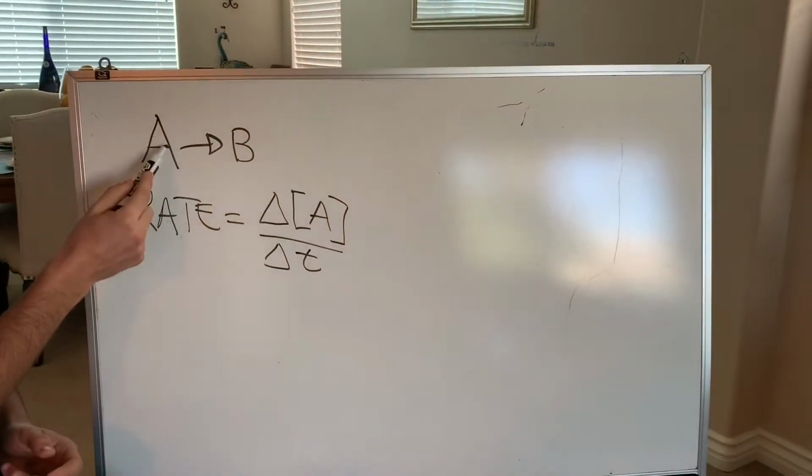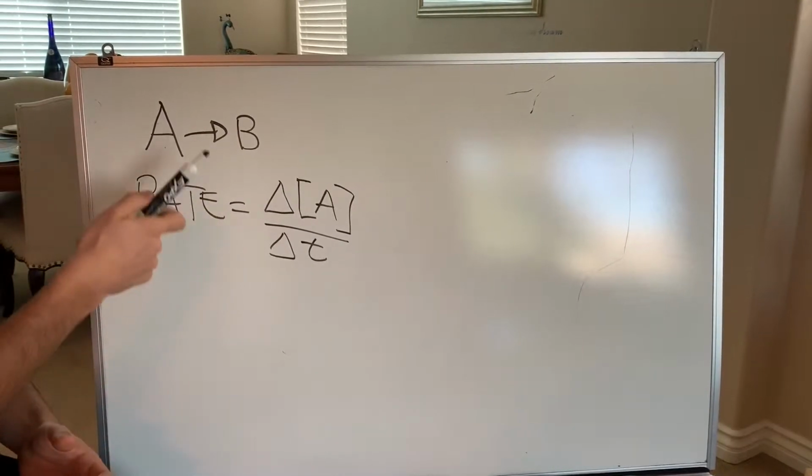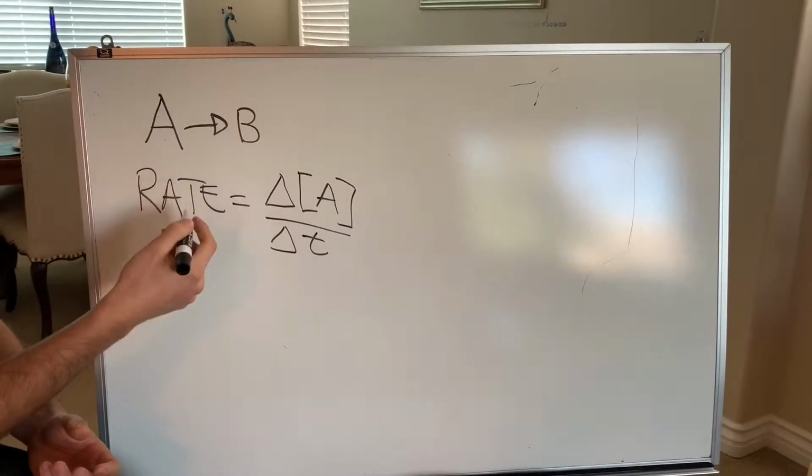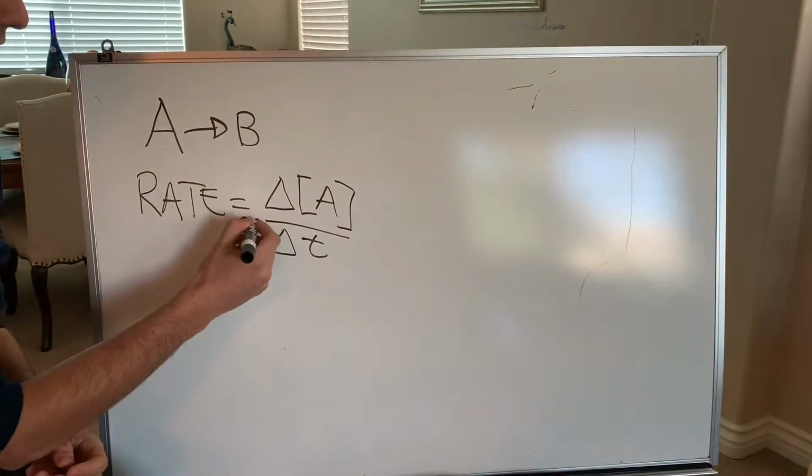Since the concentration of A at the end would be lower than its initial concentration, and because we want the rate to be positive, we have to put a negative here.